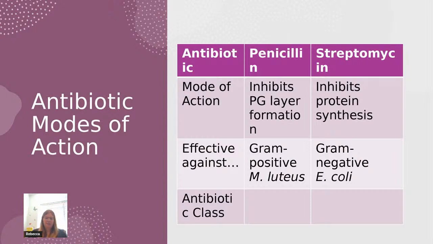We can remember that E. coli is our gram-negative bacteria sample by looking at our E, and the 3 lines of the E all create negative signs. And then less important, these antibiotics do fall under different classes of beta-lactam and aminoglycosides, but that's not as important for the lab practical.